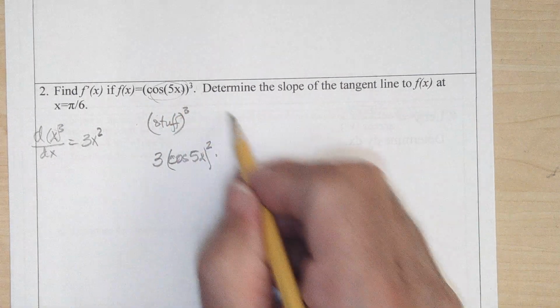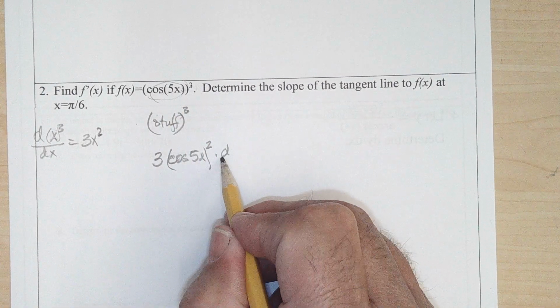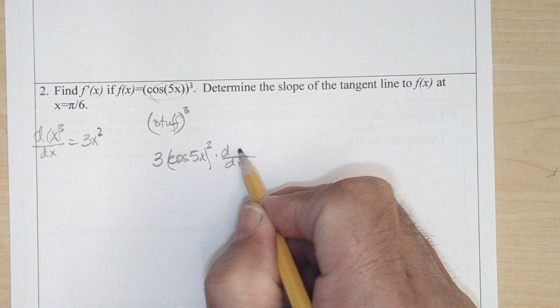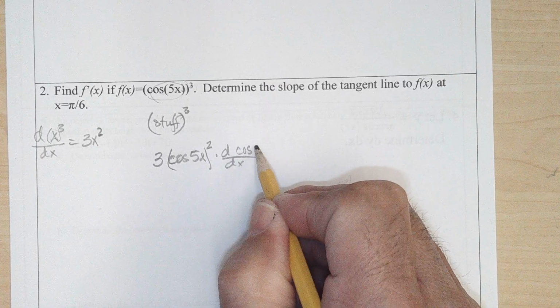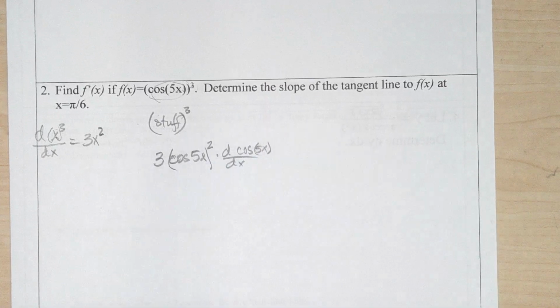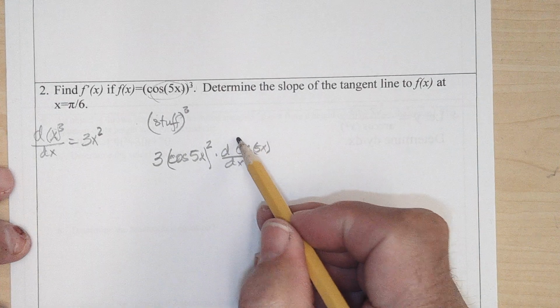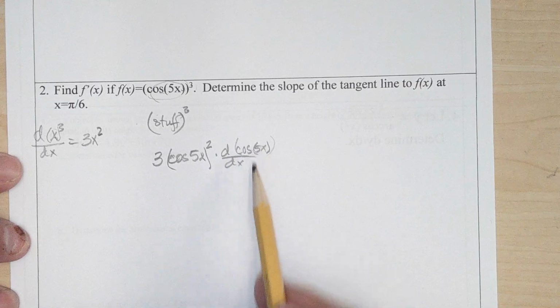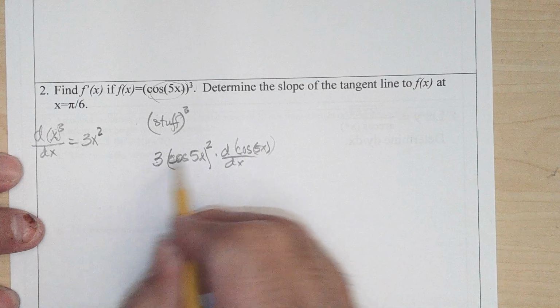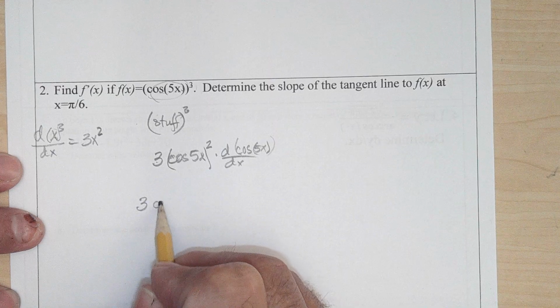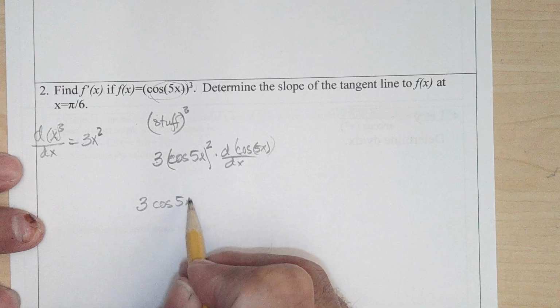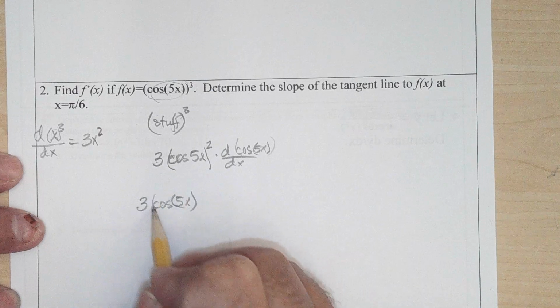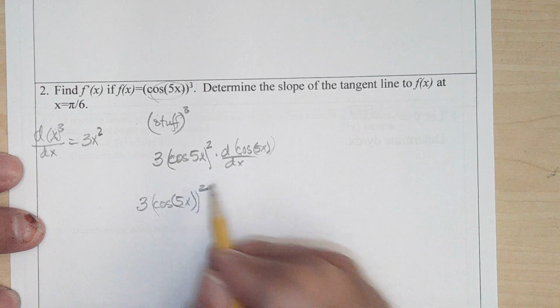And the stuff is cosine of 5x. But the derivative of the cosine of 5x, it's the cosine, but of some other stuff. So we have 3 cosine 5x, all of this to the second.